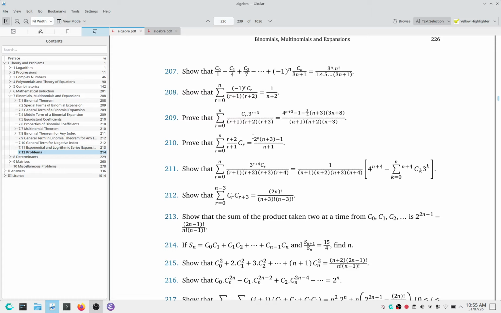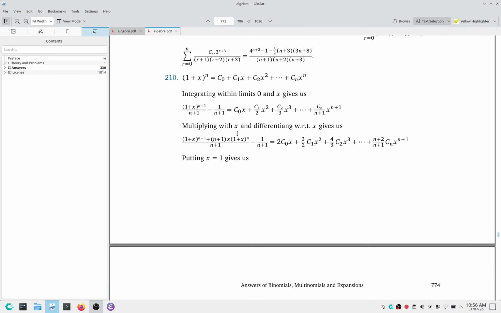And if we integrate once, we will get r plus 1 in the denominator. And x power will become r plus 1. Then you multiply that with x. So Cr will be multiplied with x to the power r plus 2. And then you differentiate once, so r plus 2 will come in the numerator. That is the trick to solve this kind of problem.